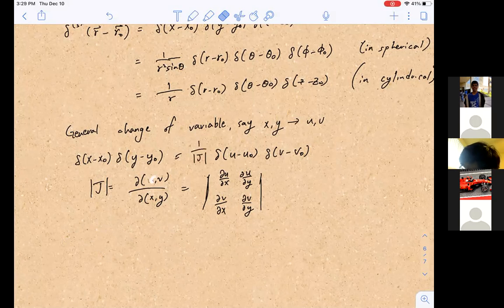But this thing I wrote here, the top and bottom have to flip, and so this is du. So this is dx/du, dx/dv, dy/du, dy/dv. Thank you.